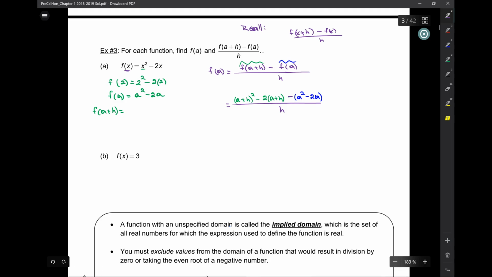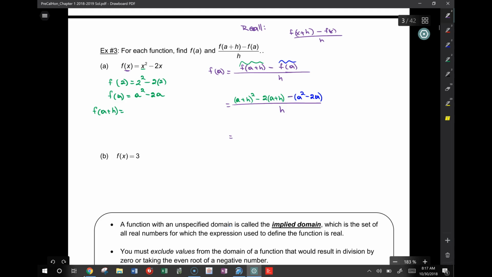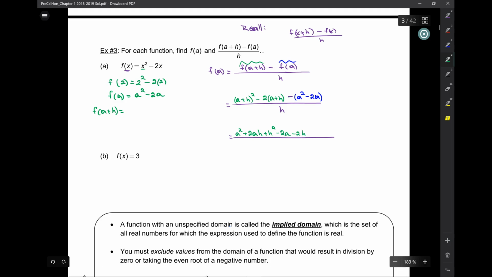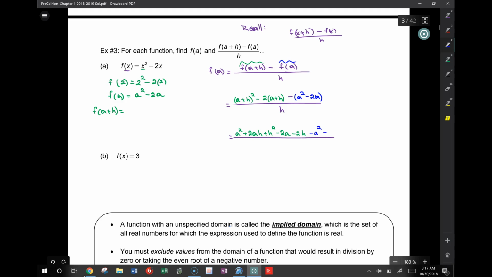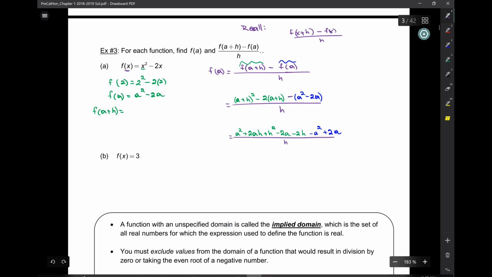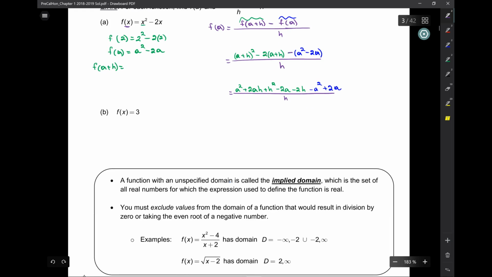Okay? So now let's simplify that. The green part, first it'll be a squared plus 2ah plus h squared minus 2a minus 2h. And then the blue part, minus a squared plus 2a, all over h. You'll appreciate this next year in calculus.